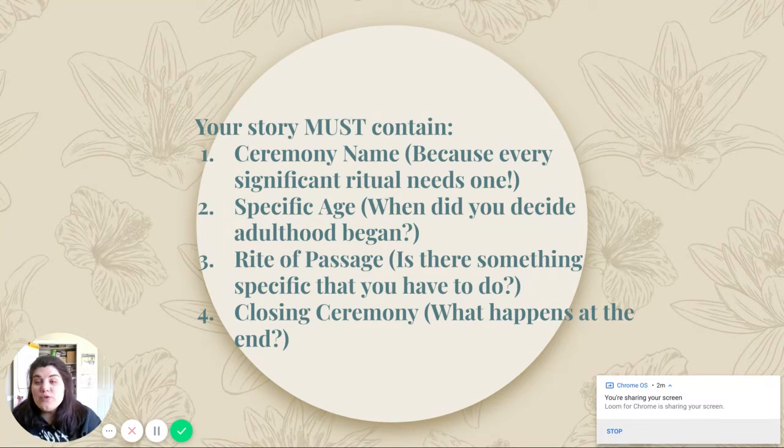So when did you decide that adulthood is going to begin? Let's say that you have some sort of ritual that happens when you're 14 years old. You have to have that determined, right? What is the rite of passage? Is there something specific that you have to do in order to achieve adulthood? And then what is the closing ceremony going to be? What happens at the end?